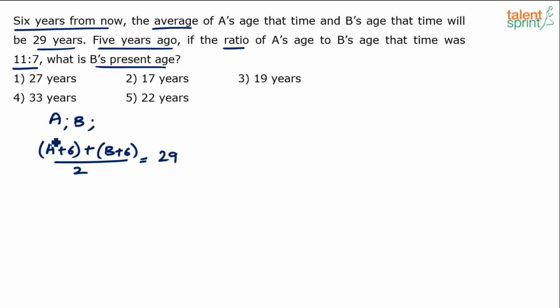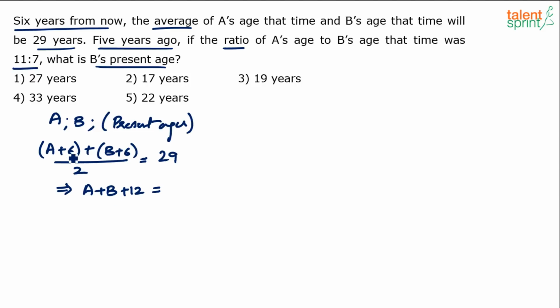Present ages are A and B. 6 years from now the ages would be A plus 6 and B plus 6, the average of which is given as 29. Simplify this to get the sum of A and B. So A plus B plus 12 comes out to be 29 times 2. You can eliminate this step if you want to and directly arrive at the last equation, but let me give a detailed explanation.